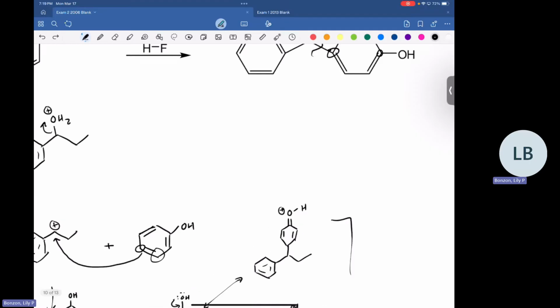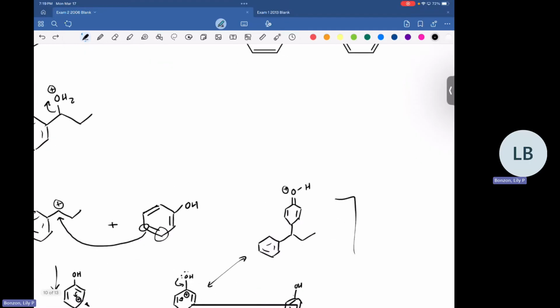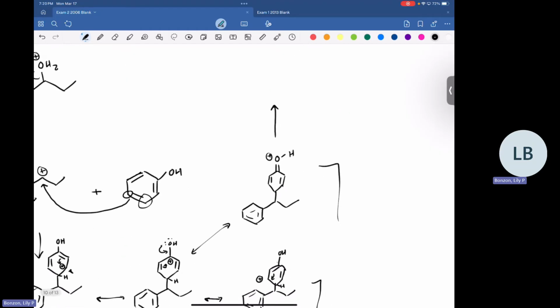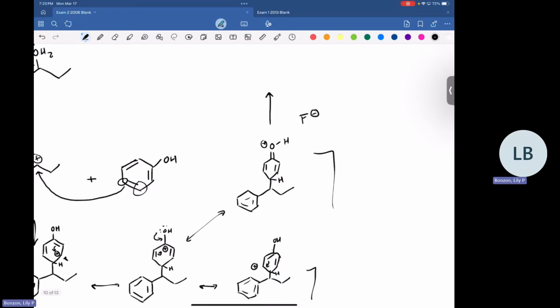So we need to reform one of those double bonds in the benzene because we want it to be aromatic. So we're just going to do an elimination reaction sort of thing. We can take a nucleophile from the solution, maybe like H2O, and this can take back its hydrogen.